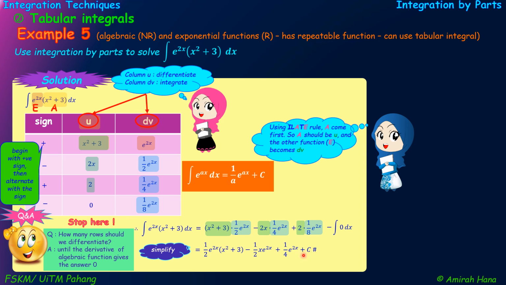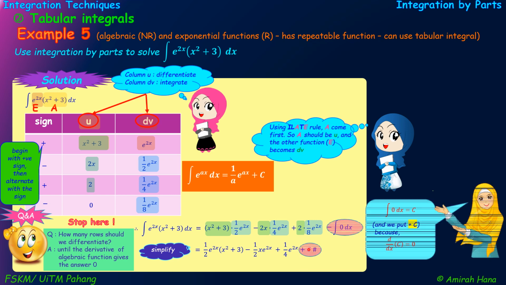When we put c here we can put a positive sign, because the positive sign means we can use c negative or positive. But in general, we just put the plus sign here.